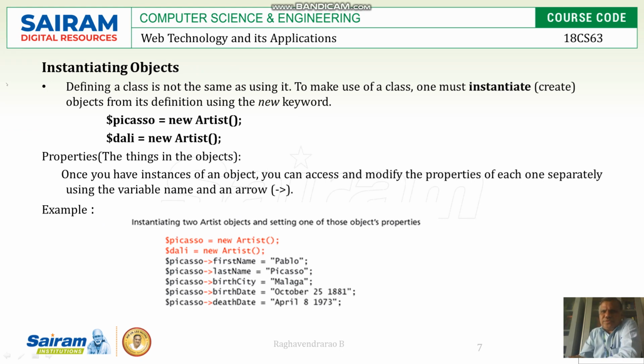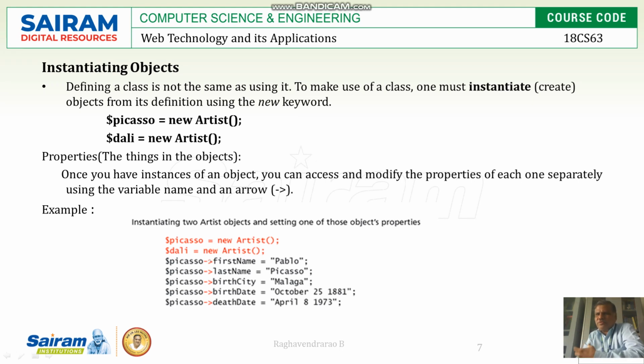The properties for those things you can specify. Once you have the instantiation of the object, you can access that particular object by using this arrow key. So here you can specify Picasso is a new artist, Dali is a new artist.